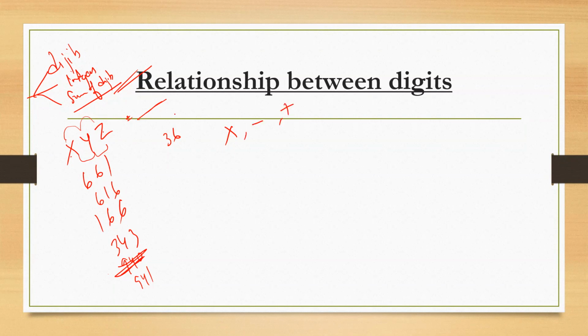So any form of relationship between the digits, and you are supposed to calculate how many such digits exist. Okay, so those kind of questions you need to solve. Okay, so we'll start with plus, then minus, then with multiplication. All of this. We'll do all the UPSC questions that have been asked till date on this topic. Okay, so it's going to take some time, at least 40-45 minutes you will take here.